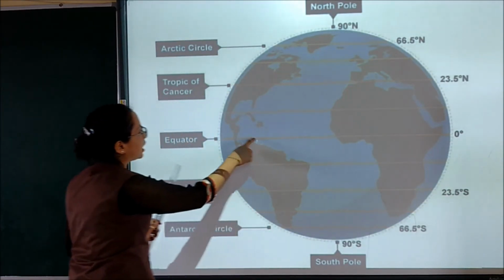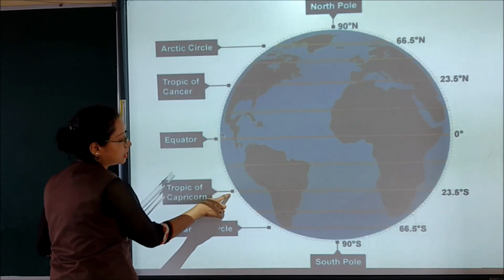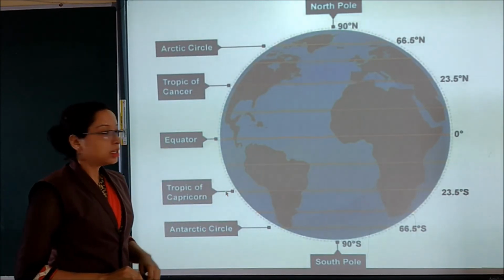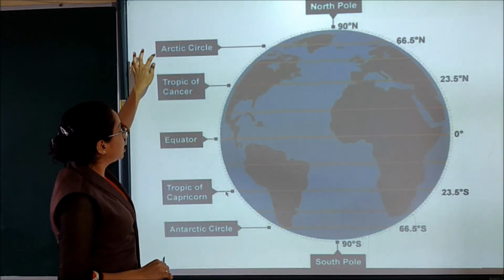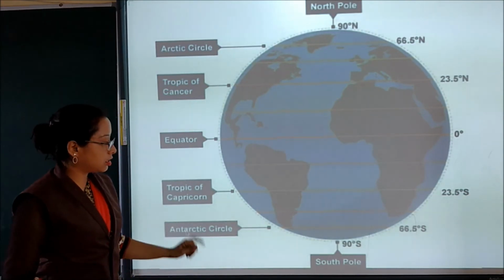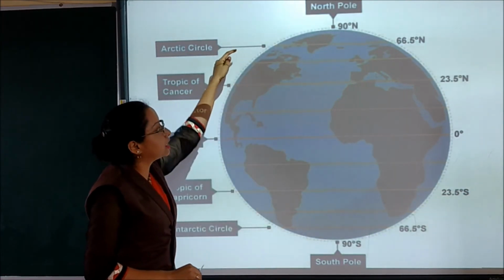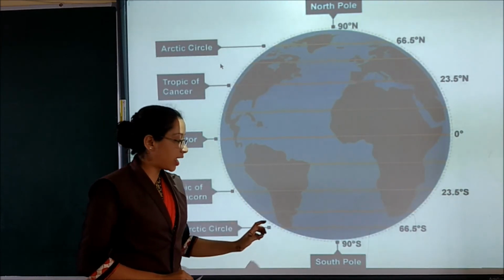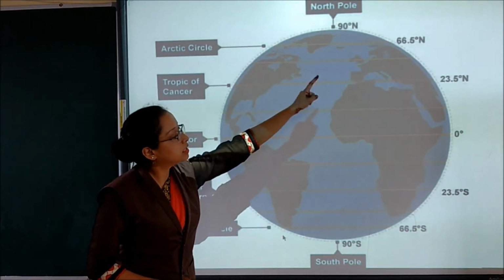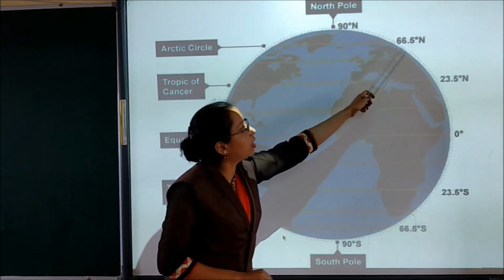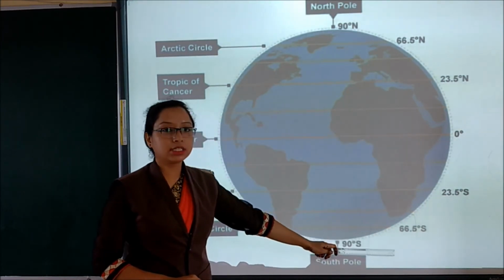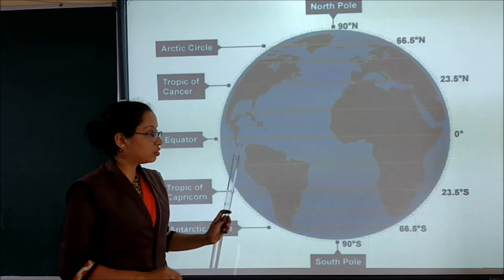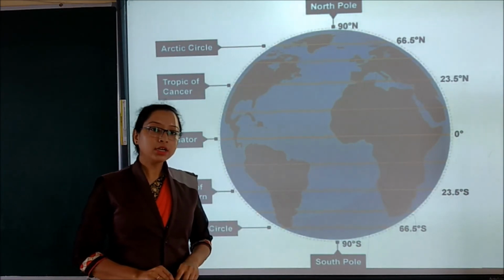Here is the equator and they both are at an equal distance from the equator. In the same way you can see over here Arctic Circle and Antarctic Circle. They both are also at an equal distance from the equator. That is why they also have the same degree, 66.5 degrees, and here also 66.5 degrees. So these are four important latitudes.